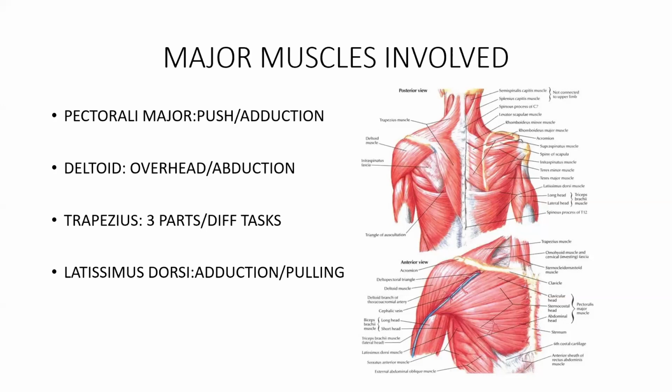Then we have the trapezius. The trapezius runs at the back of your spine from the head down to the trunk. And it's divided in 3 parts. Each part has a different task. So we have a descendant part. It's the one that goes from the back of your head down, more or less, to the shoulder blades.